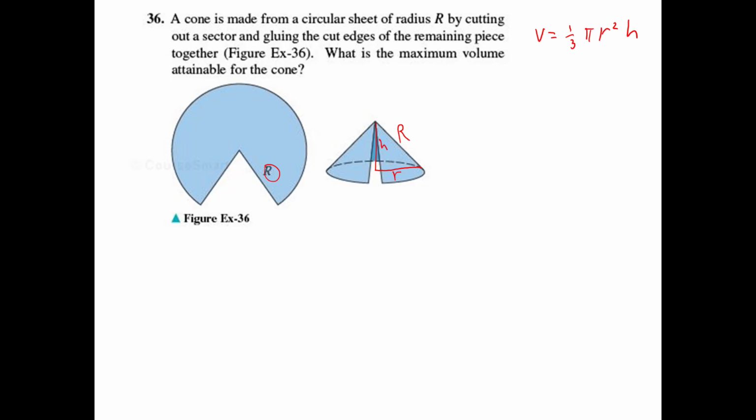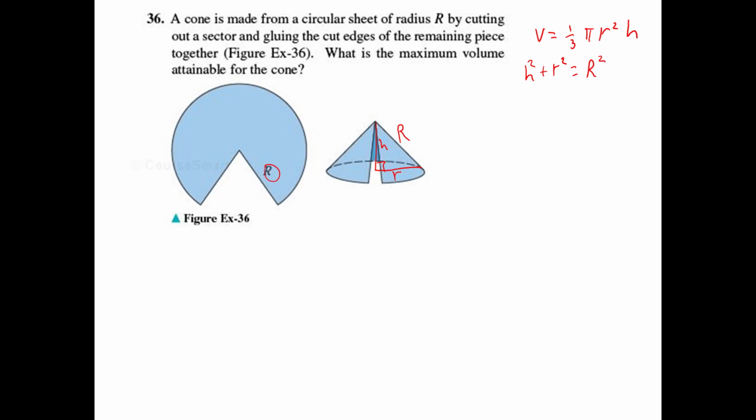So now you see a right triangle right here, and so then the equation that relates these three things is that h squared plus r squared is equal to capital R squared. Okay?